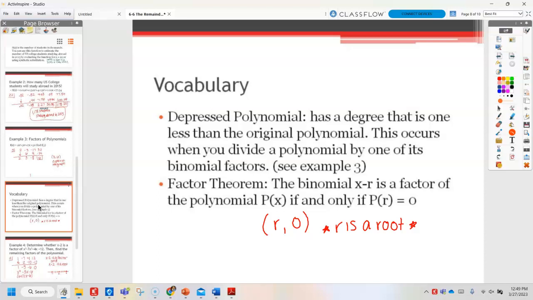The factor theorem says that the binomial x minus r is a factor of the polynomial p of x if and only if p of r is equal to 0. So again, binomial x minus r is a factor of the original polynomial if and only if p of r is equal to 0.